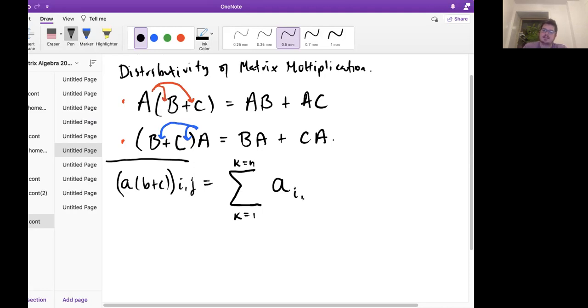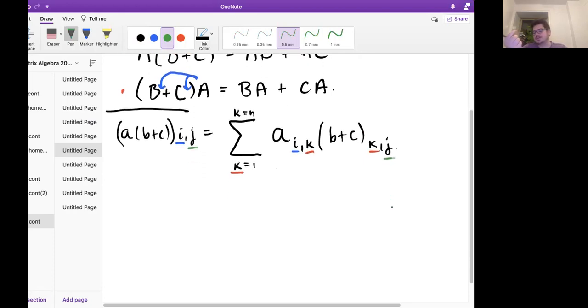IK, yes. And for the second one? KJ. Remember, I is the row, and J is the column, and the index k is always the one in between.